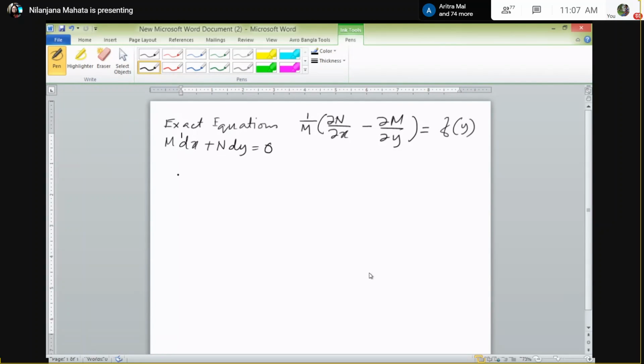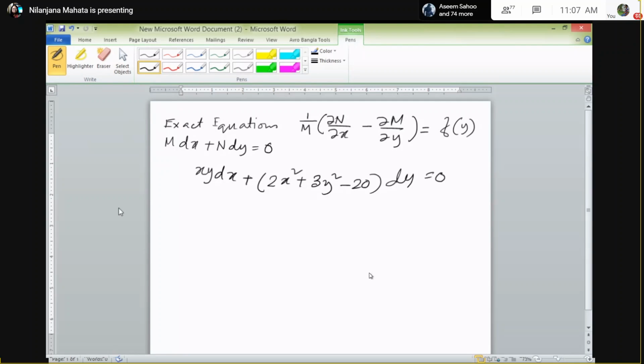So how can we apply it? Suppose xy dx plus (2x square plus 3y square minus 20) dy is equal to 0.